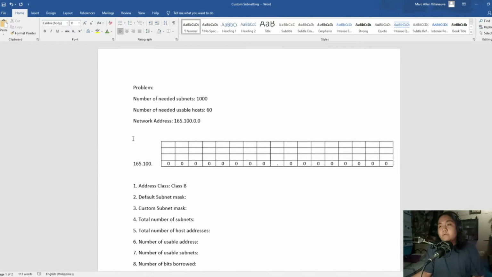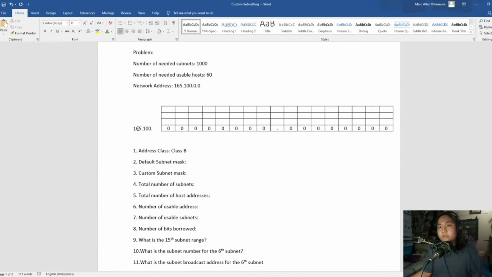Since we have a class B network address, automatically we have two host octets already, these two zeros at the end. All we need to do is simply convert the two hosts into 8 bits each.